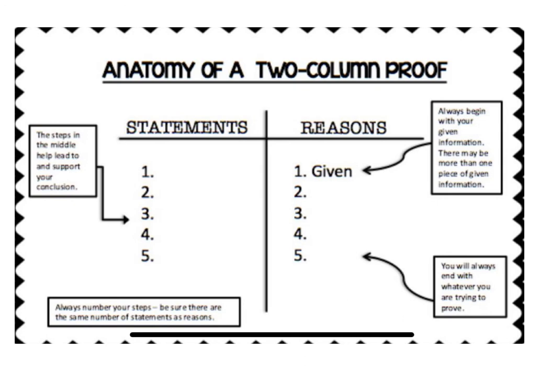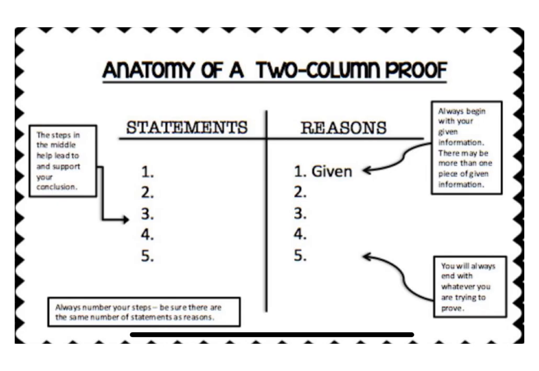Or we did line segments, where it's a midpoint or things are congruent and you're trying to prove other things congruent. And then we did triangles and congruence with triangles. You'll always want to start with your given. Your middle steps help support your conclusion. You're always going to end with whatever you're trying to prove. And you will have some two-column proofs on this as well.